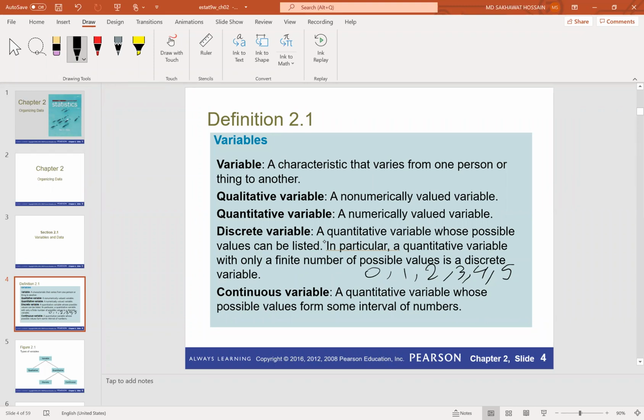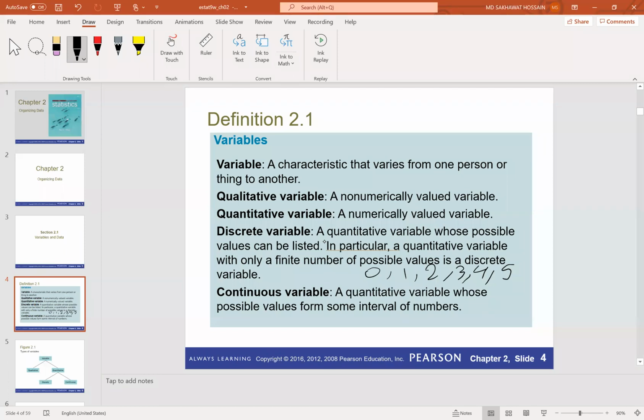A continuous variable is a quantitative variable whose possible values form some interval of numbers. We cannot list all the possible values of this variable. This is called a continuous variable. For example, the weight of a person. We cannot list all the possible values of a person's weight.